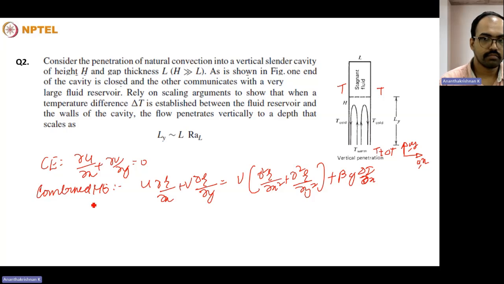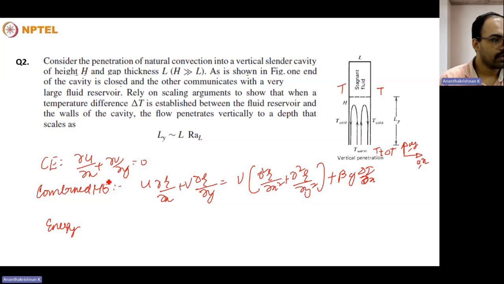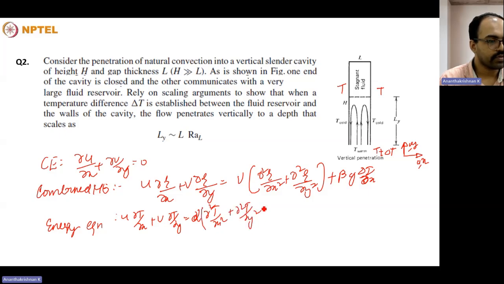And then the energy equation will be similar to the previous case, where that will be u dou T by dou x plus v dou T by dou y equal to alpha times dou square T divided by dou x square plus dou square T divided by dou y square.